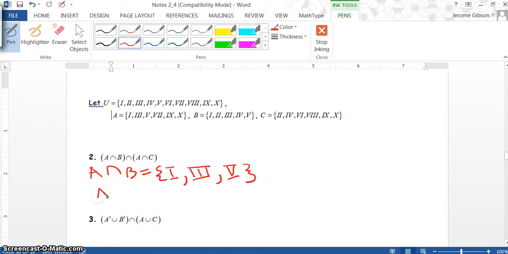Now we need the intersection of A and C. The intersection of A and C is 9 and 10.